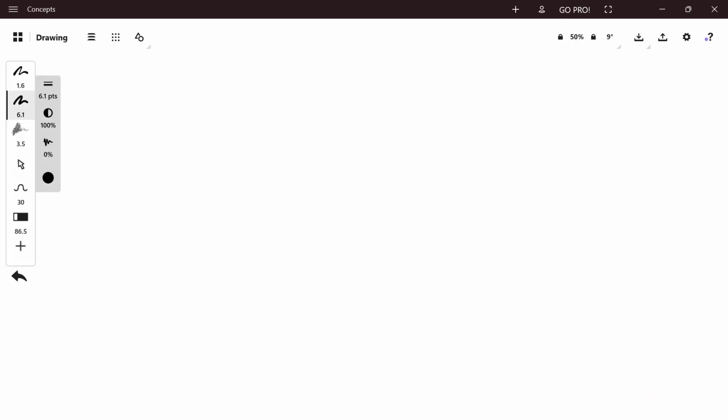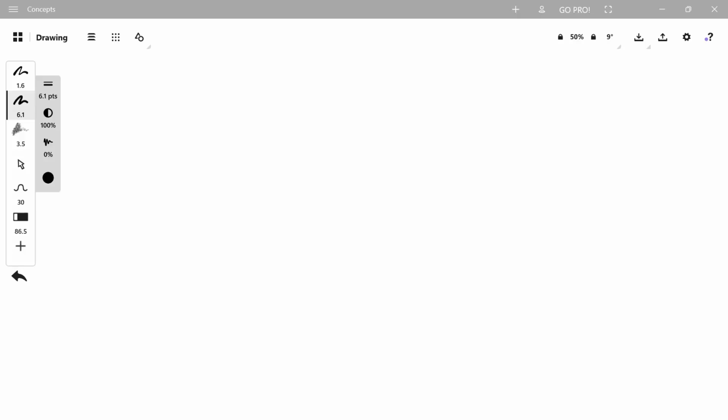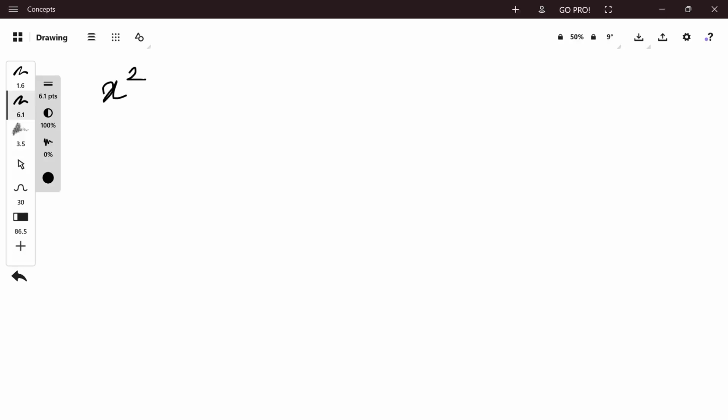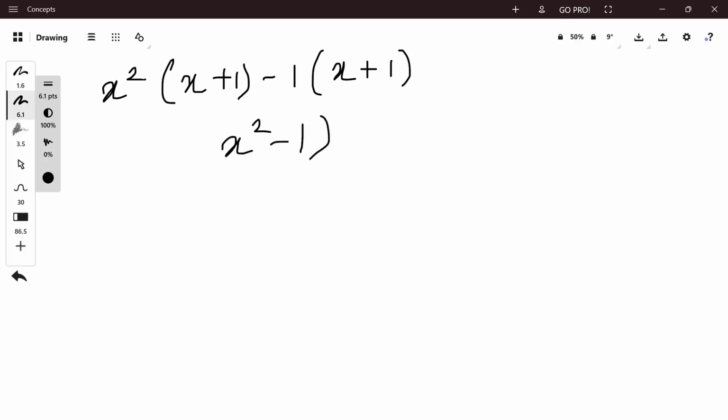That is x square (x plus 1) minus 1 (x plus 1). The expression now has a common factor of x plus 1, which can be factored out. That is (x square minus 1)(x plus 1).